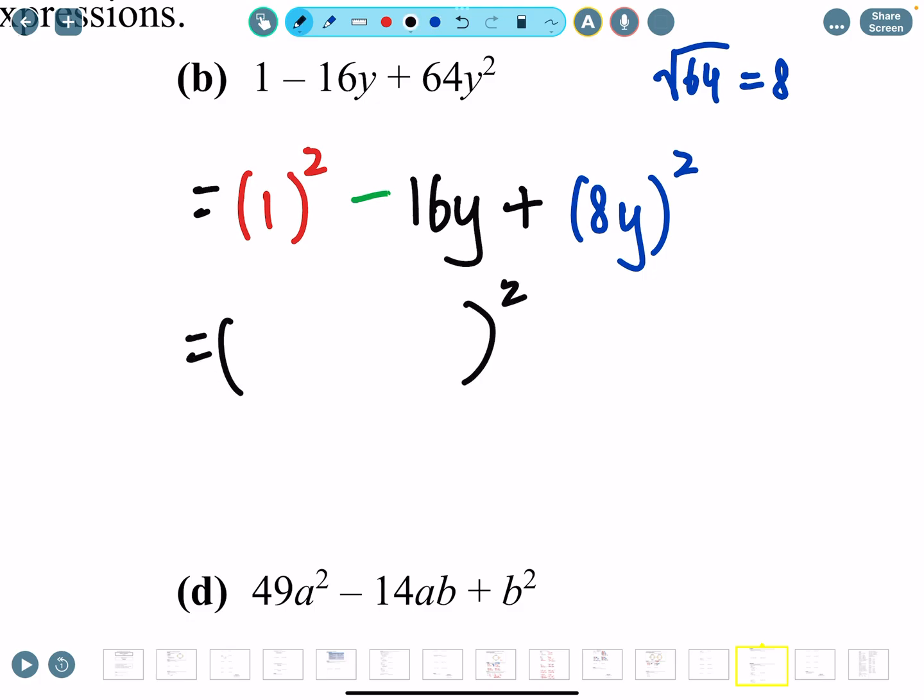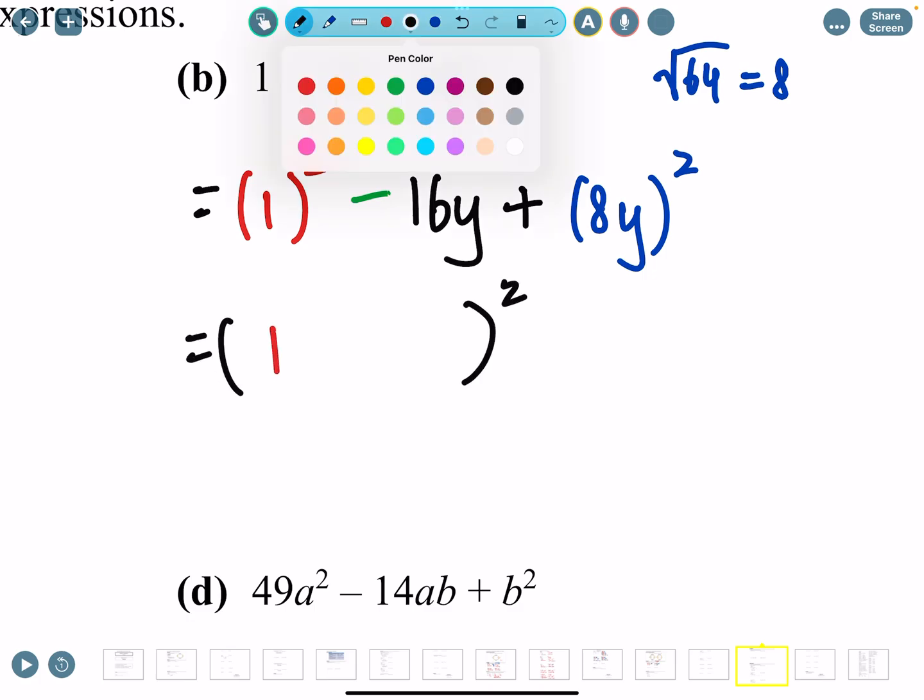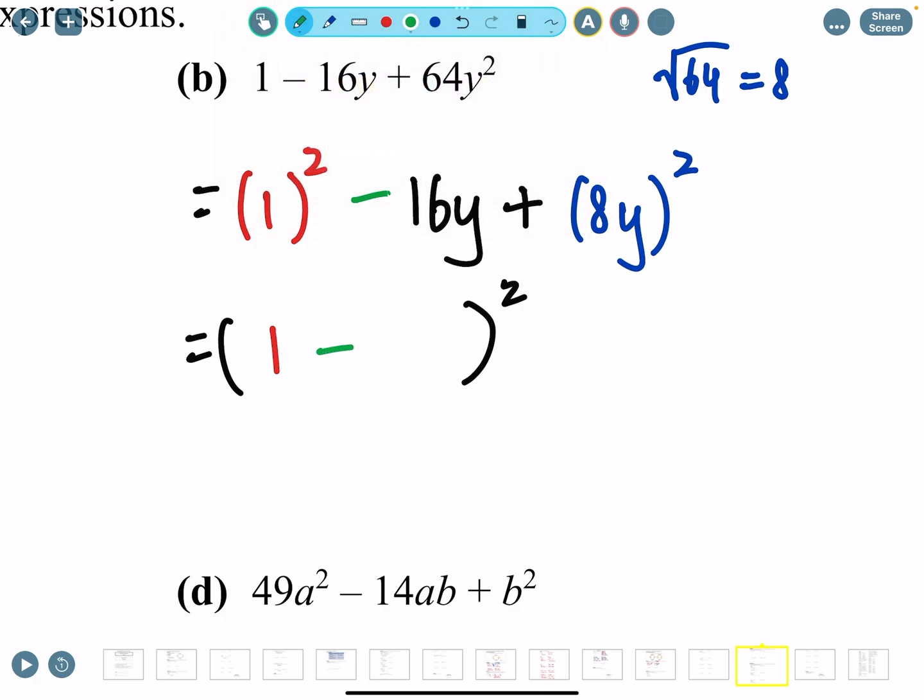So in this bracket over here, we have 1 minus 8y. And that's it. How do I double check if the middle one actually makes sense? 8 times 2 times 1 is 16. So the number here matches the criteria. When you separate it into 2 times 1 times 8y, it's going to add up to 16y.